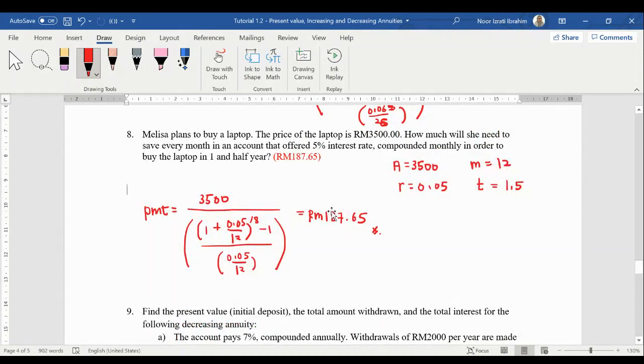Okay, the questions for the increasing annuities, any of you have any issue or questions to ask before I continue with the decreasing annuity questions?